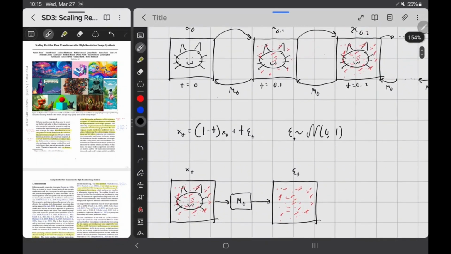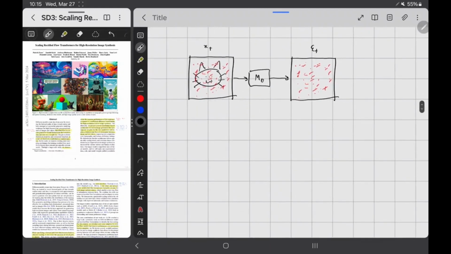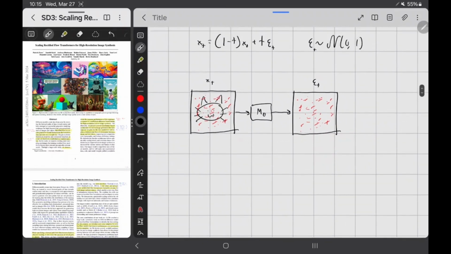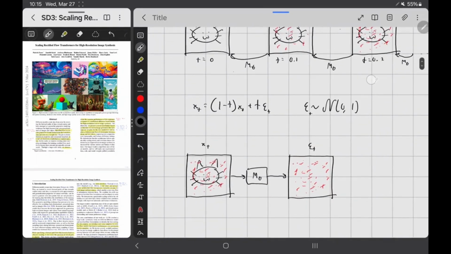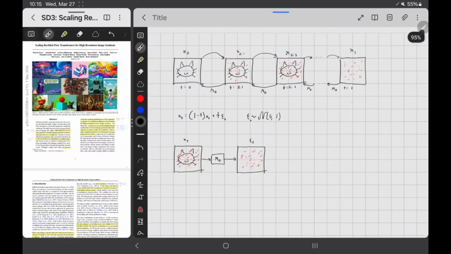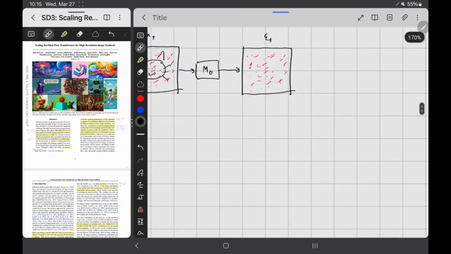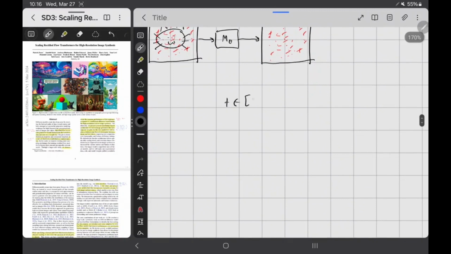So this is the idea with m theta. The idea of stepping towards x0 will make more sense in a sec when I show it as an ODE. But first, I want to show how DDPM did this. This is a discretized form here, but you can obviously make this a continuum with t in 0, 1.